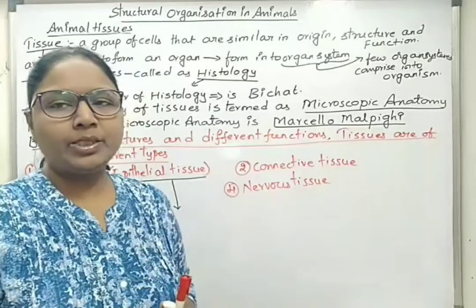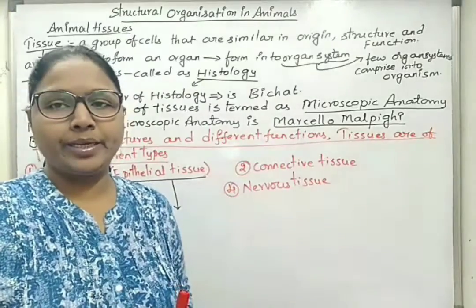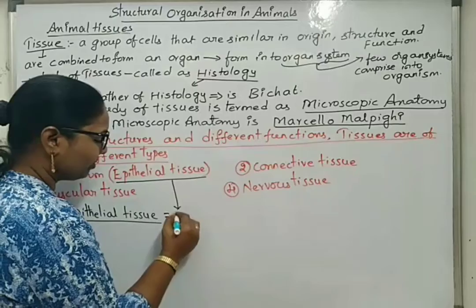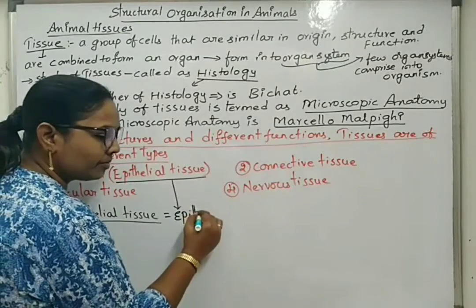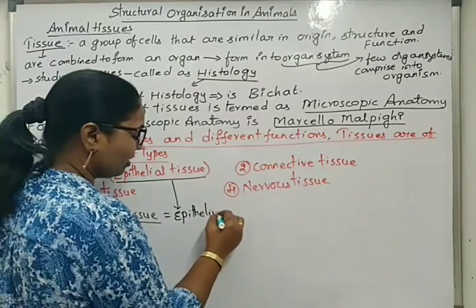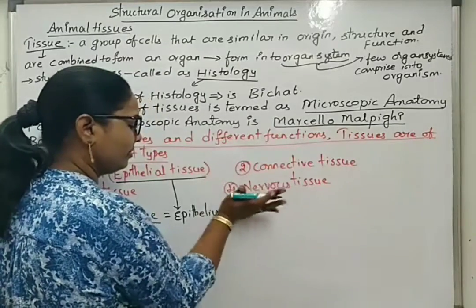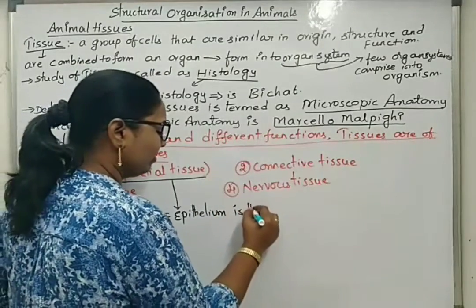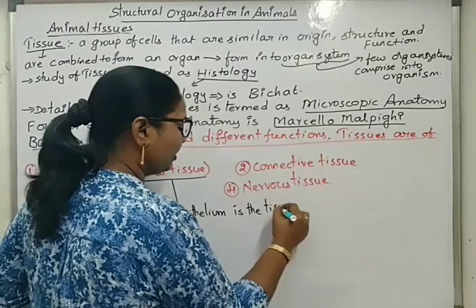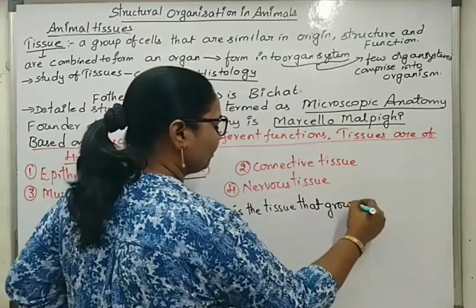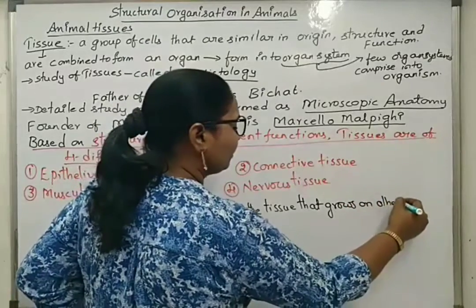Between the epithelium and connective tissue there is a basement membrane, another type of layer. So it is the tissue that grows on other tissue.